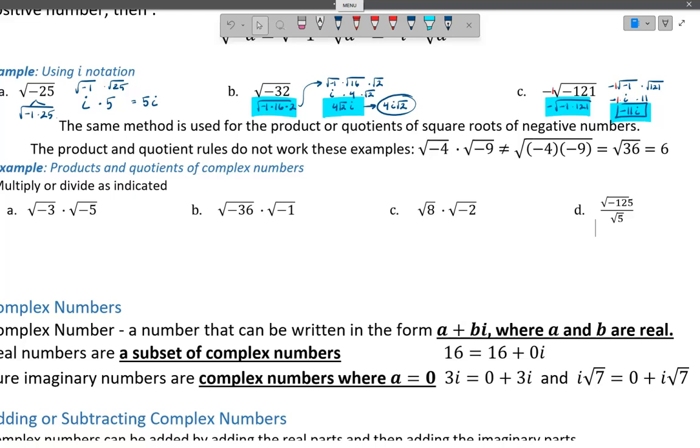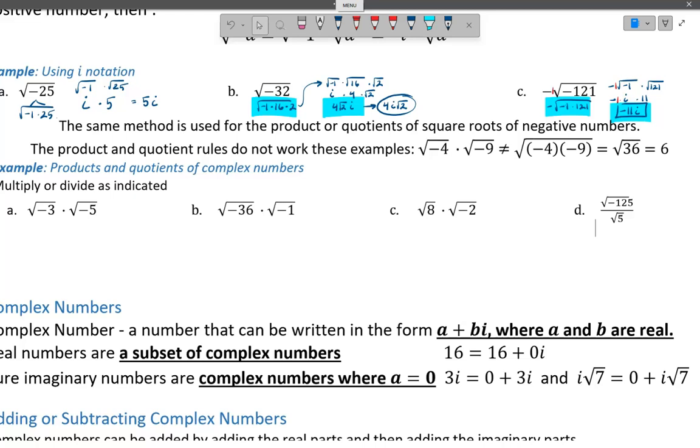I can't add, subtract, multiply, or divide until it's in I notation, because it has this weird side effect of giving us the wrong answer if we don't do that. Because when I multiply two negatives or two positives, I get the same result, and there's no way for me to distinguish that ahead of time.